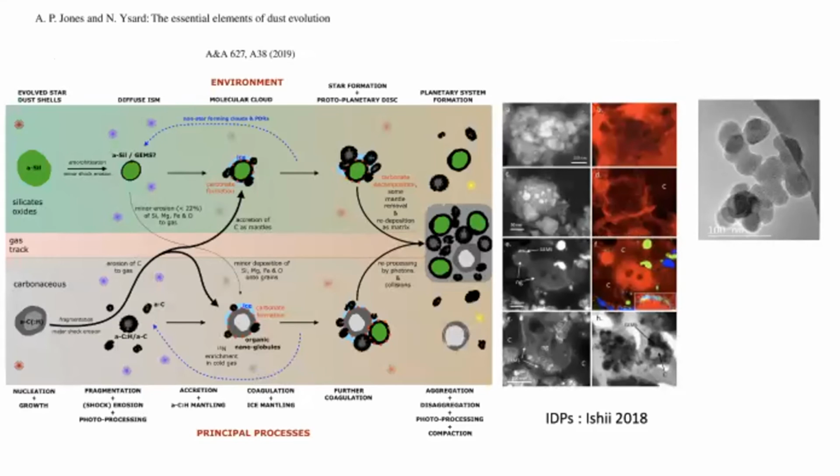Of course, in space, grains can grow in more evolved regions. It's not an isotropic growth of the small grains. It's rather an agglomeration of small grains, like this model of Anthony Jones and Nathalie Ysard. And that fits well with what we know for interplanetary dust particles, that are made with an inner structure of small grains.